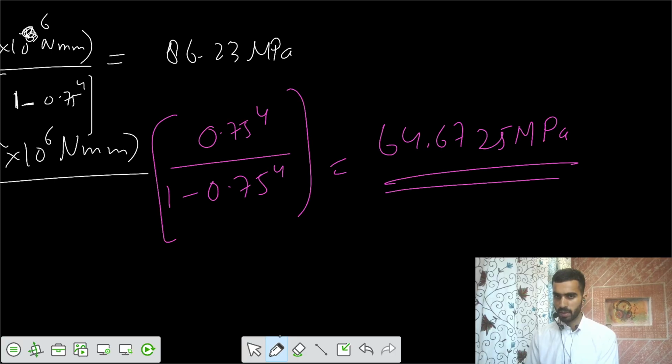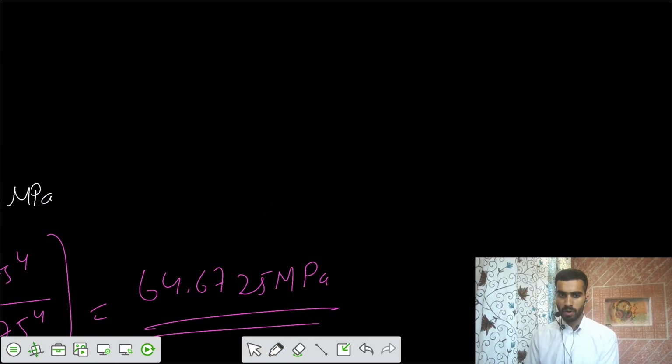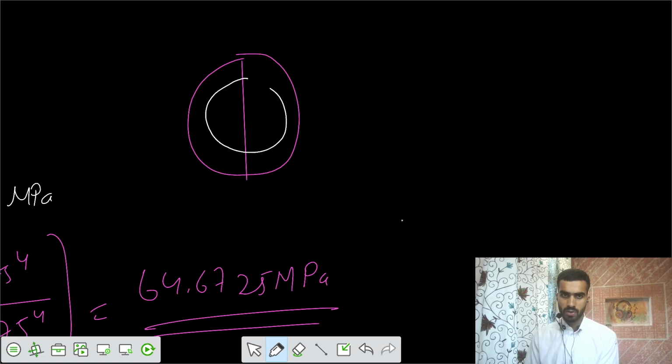So if I plot the variation, let's say this is some circle, and there is a hollow section also. I would say there is a shear stress equal to 86.23, and there is a minimum value of shear stress that is 64.6725.